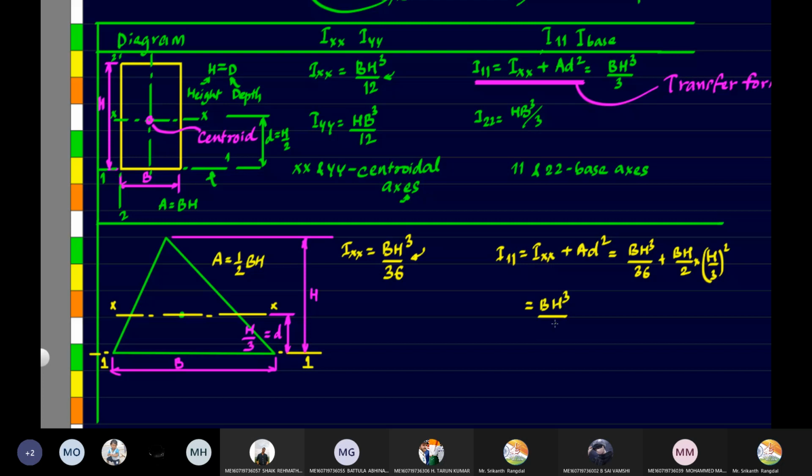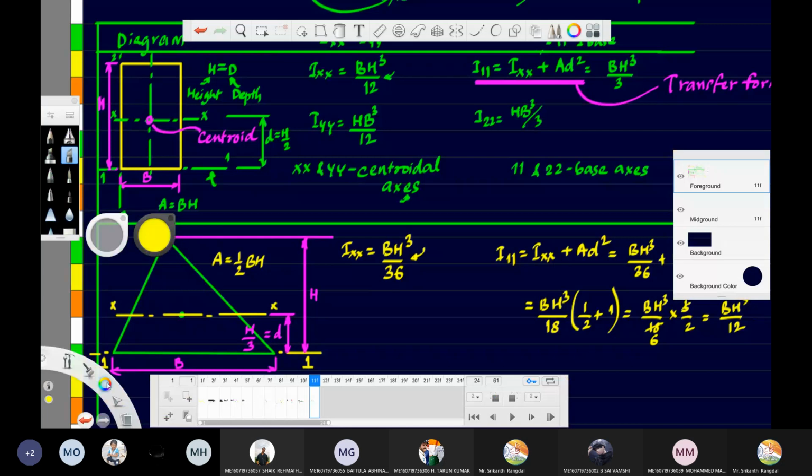Yeah, 18 completely can be taken common. What's left in the bracket? 1 by 2, isn't it? Plus 1. Am I correct? So BH cube by 18, 1 by 2 plus 1 is 3 by 2. So simplify it. 3, 6 is 18, 6 2 is 12. So BH cube by 12. Isn't it?